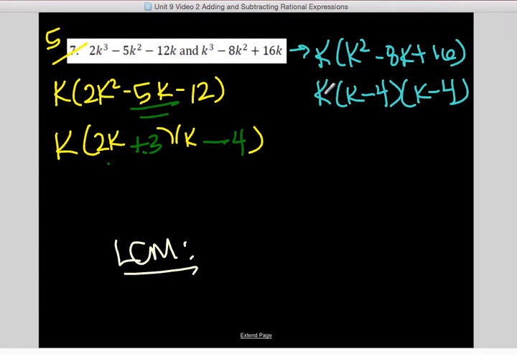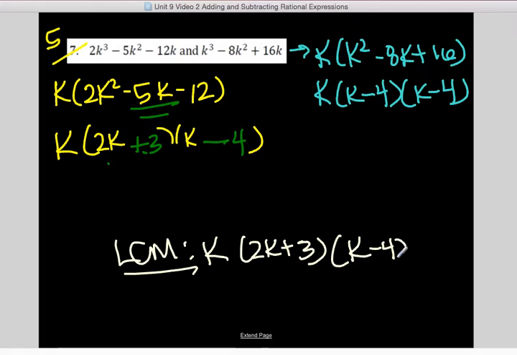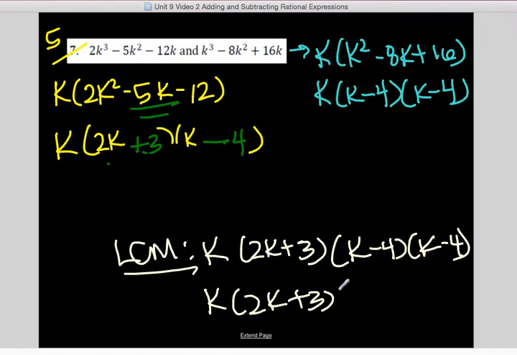This one has a k and this one has a k, so I write down 1k. 2k plus 3. There's 1 here, none here, so I write down 1. There's 1 k minus 4 here, and there's 2 over here, so I write down 2. All right, and then just so you know, once again, since there's 2 of them, I can write it as k minus 4 squared.